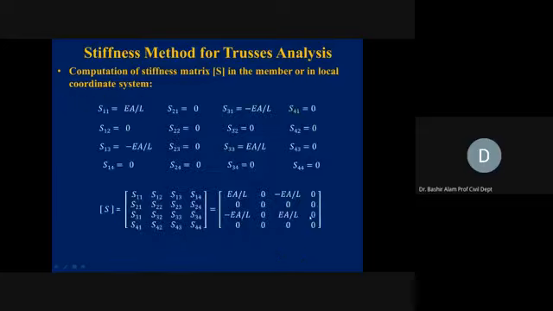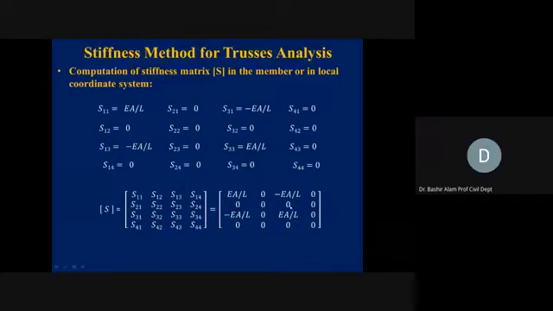So finally, all the elements are now computed, and we put this stiffness matrix in matrix form. EA over L is common, so we can take it out, outside this parenthesis. So this will become EA over L, and here we have 1, 0, minus 1, 0. The second column is 0.